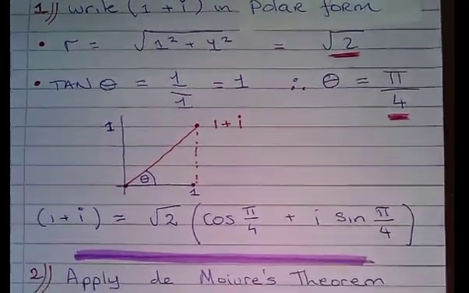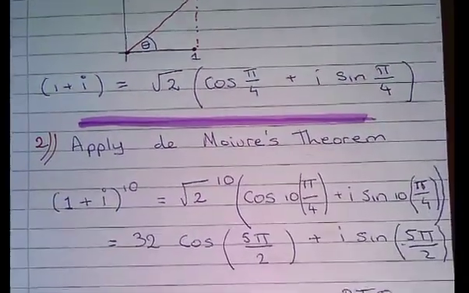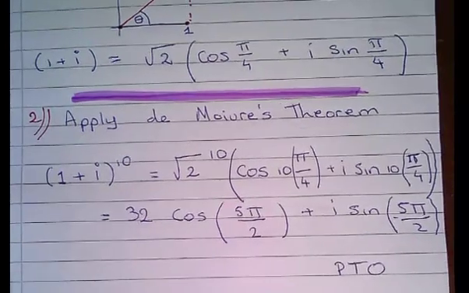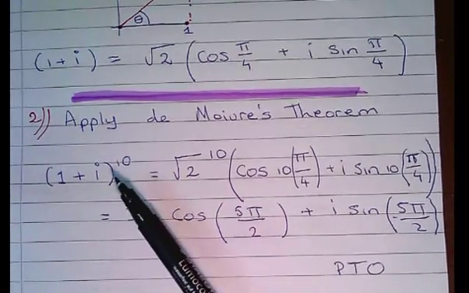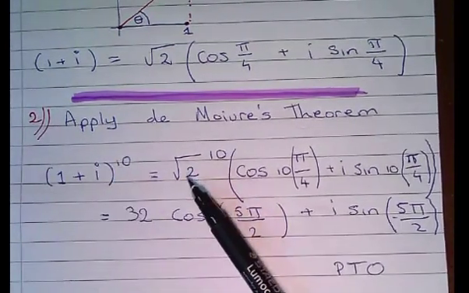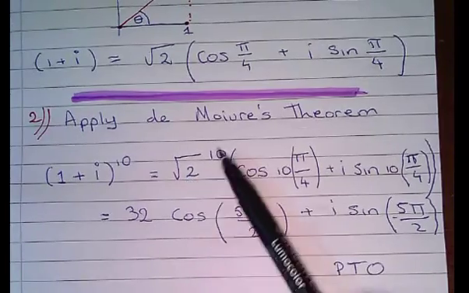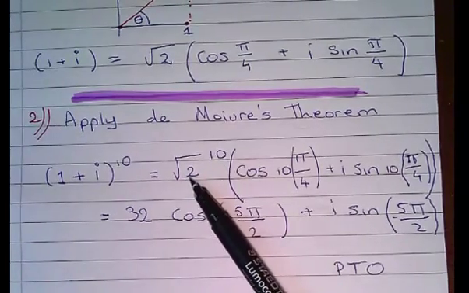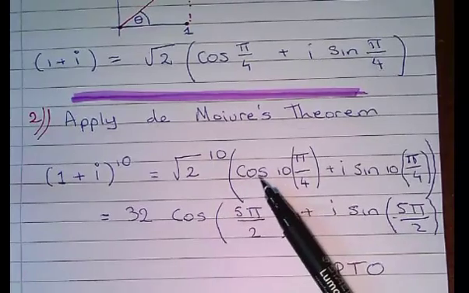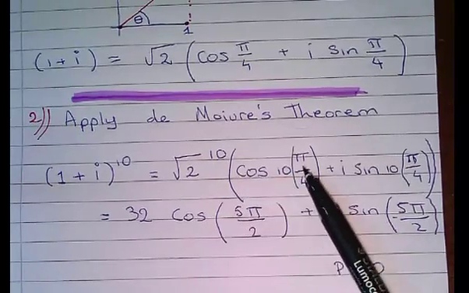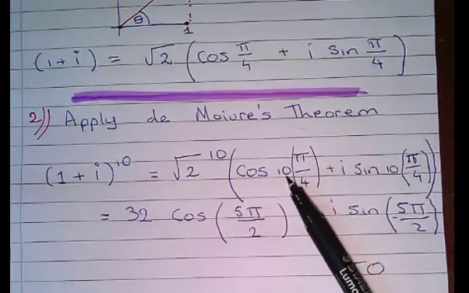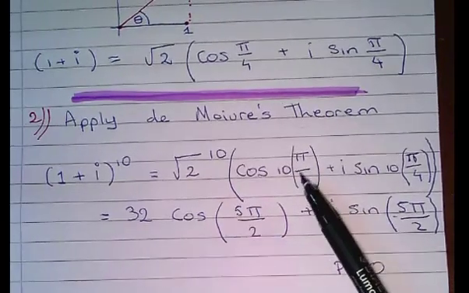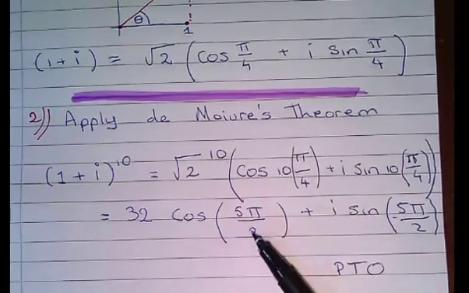So what we're going to do now is apply de Moivre's theorem. So (1 + i) to the power of 10 gives us r to the power of 10, in this case the square root of 2 to the power of 10, times cos n theta. n here is 10, theta is pi over 4, so we work that out, we get 5 pi over 2.